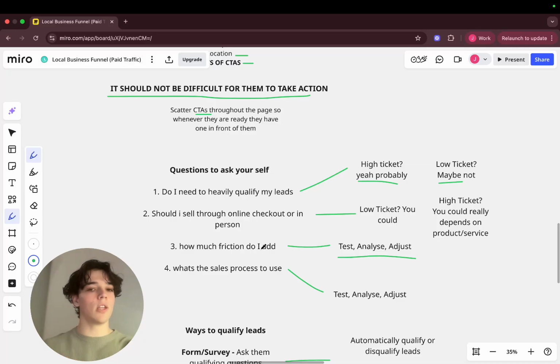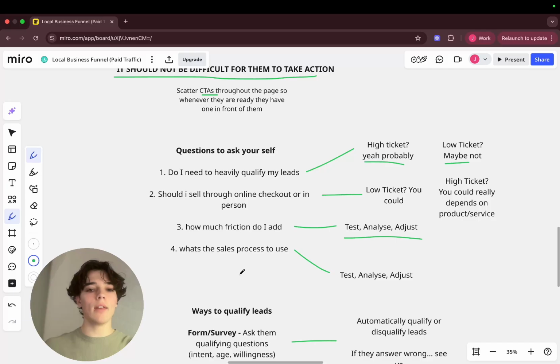That way, when you see the results, you know exactly what caused it, and it's not a bunch of different things where now you're guessing, okay, what changed my click-through rate? What changed this? What changed that? You just know. And what sales process to use? Same thing: test, analyze, adjust. So try one, test it, analyze it, and then adjust according to the results, or don't adjust if it was perfect.